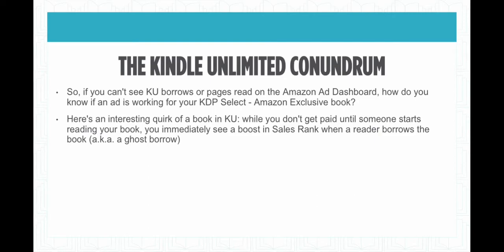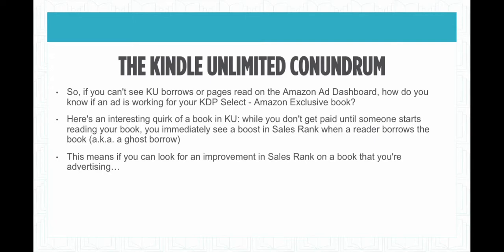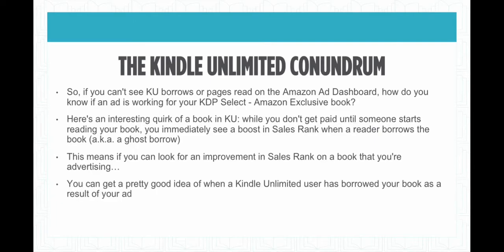An improvement means the number goes lower, like from 20,000 to 15,000. That means if you can look for an improvement in sales rank on a book that you're advertising, you can get a pretty good idea of when a Kindle Unlimited user has borrowed your book as a result of the ad. So we just need to keep an eye on that sales rank.